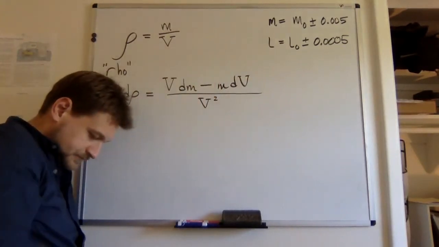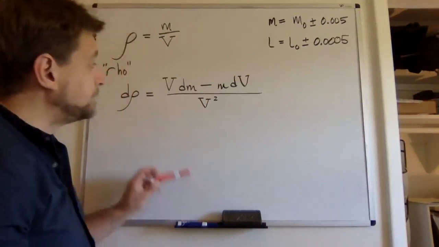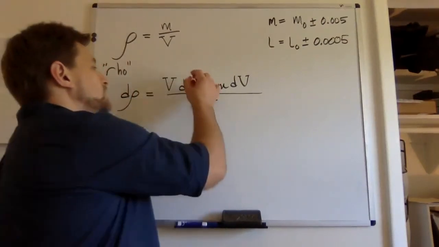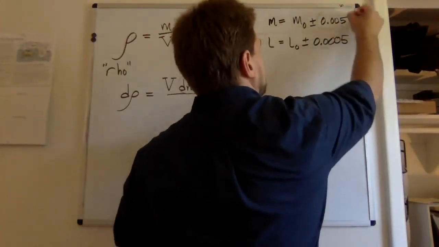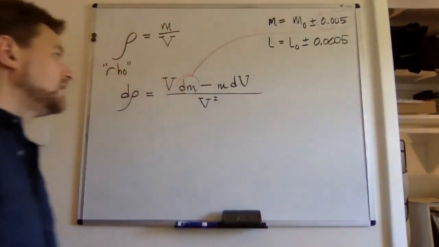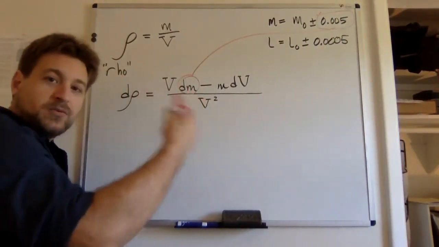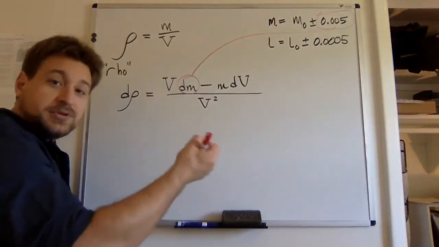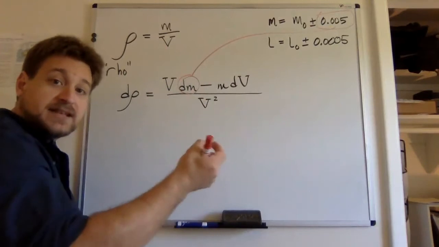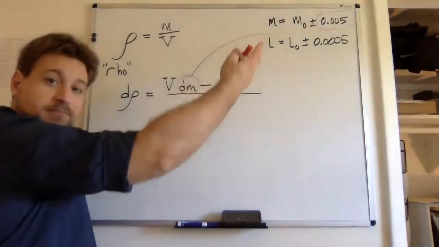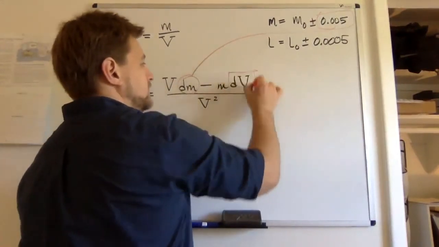Let's use dm. Let's represent the variation in our measurement of mass as the small amount by which the mass variable can change, a small differential change in mass associated with measurement variation.